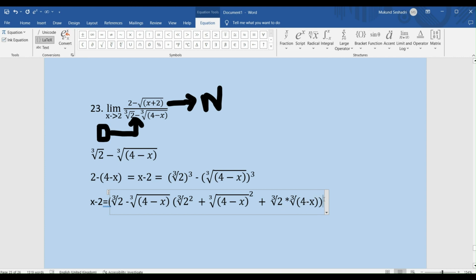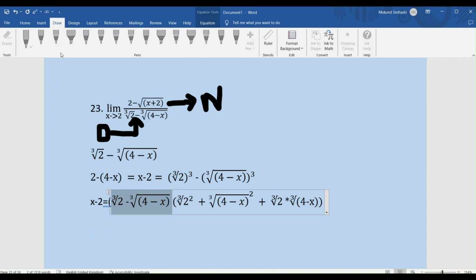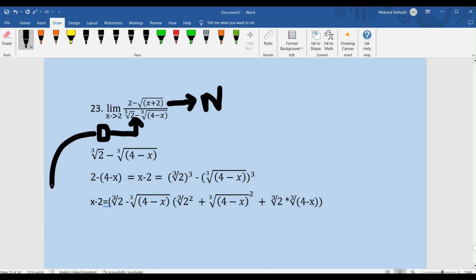right? So now I'm going to rewrite this denominator using the equation that we arrived at, right? So this is nothing but our d, right? So what is our denominator? Nothing but this equation here, right?